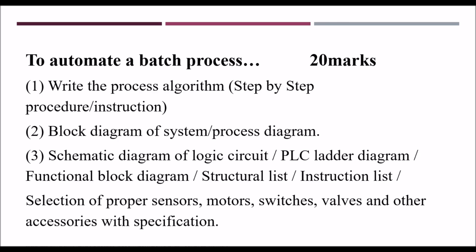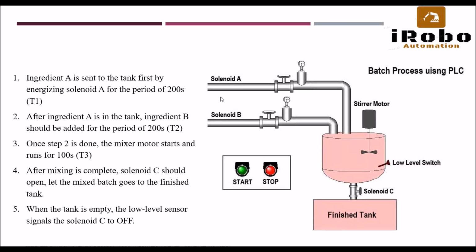In this question there is no block diagram, no information, so you need to assume everything and then write the process algorithm, block diagram, and schematic diagram, that is the PLC ladder diagram. Fine. So for that we are assuming this is the schematic for the batch process.